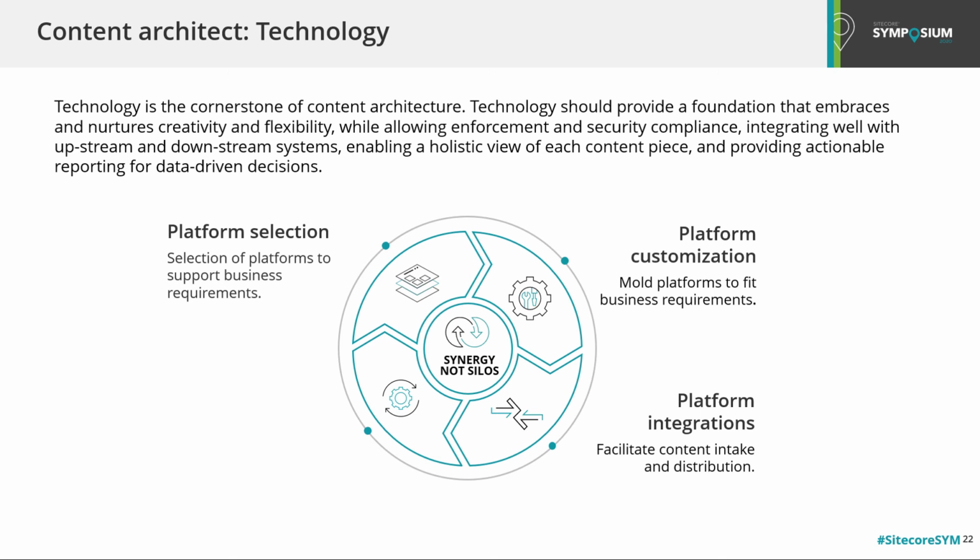So there's no way around integrations. In fact, platform integrations is a cornerstone of the technology track in content architecture. And finally, the more tasks we can automate, the better. In fact, the fewer platform customizations that we have to do, the fewer custom integrations, and the more automation the platform provides, the better choice it is for us.